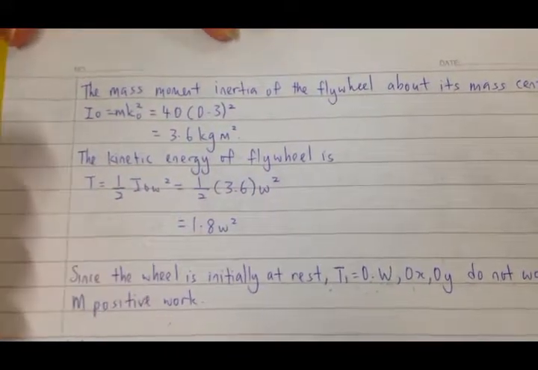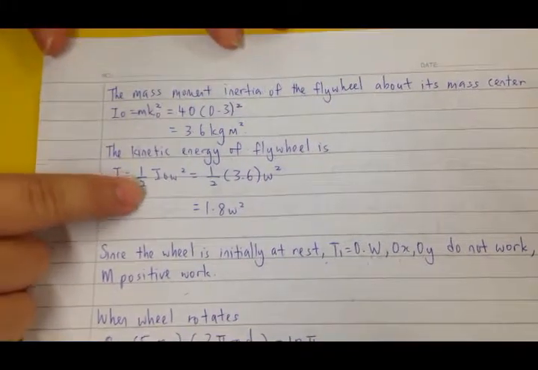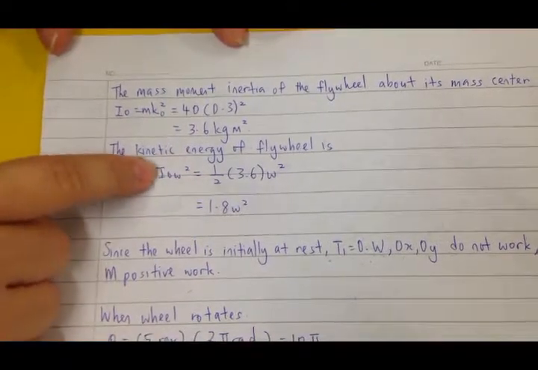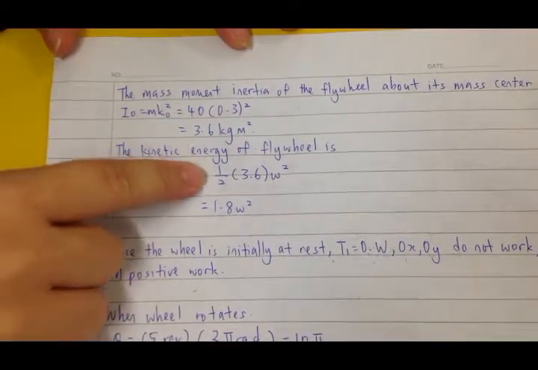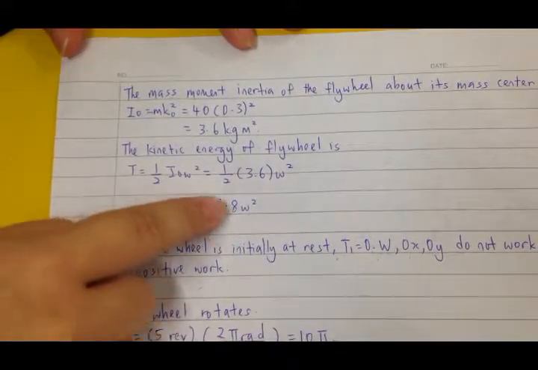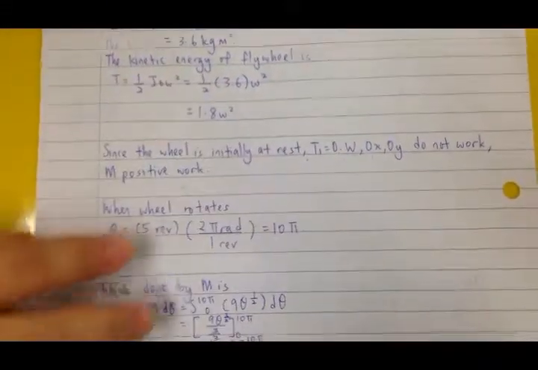To find the kinetic energy of the flywheel, we use the formula T equal to 1/2 I naught omega squared. From the I naught we found just now, which is 3.6, we use 1/2 times 3.6 times omega squared, equal to 1.8 omega squared. This is the kinetic energy of the flywheel.